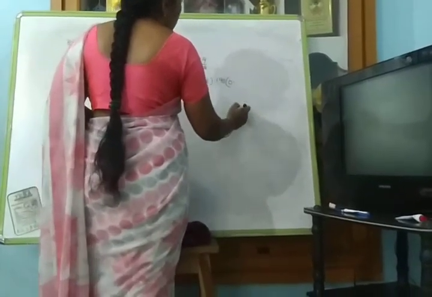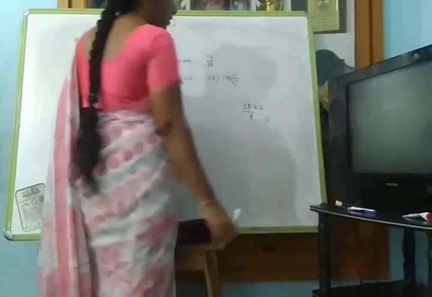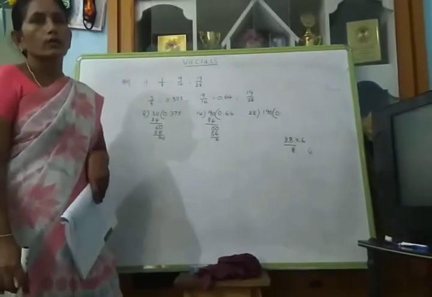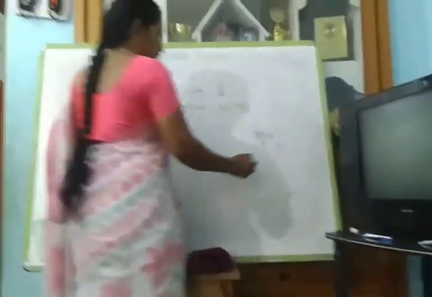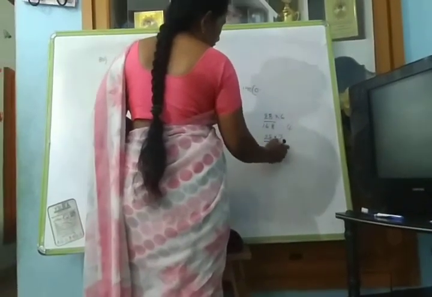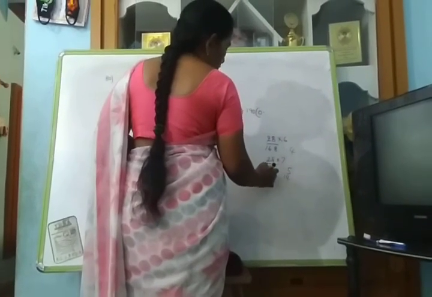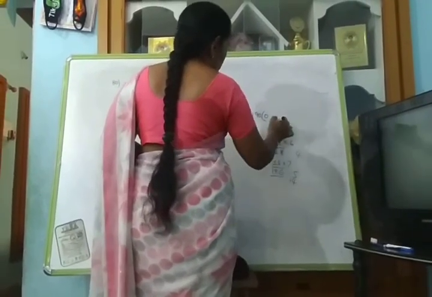Six times: 6 8s are 48, 6 2s are 12, 12 plus 4, 16. Seven times: 7 8s are 56, 7 2s are 14, 14 plus 5, 19.